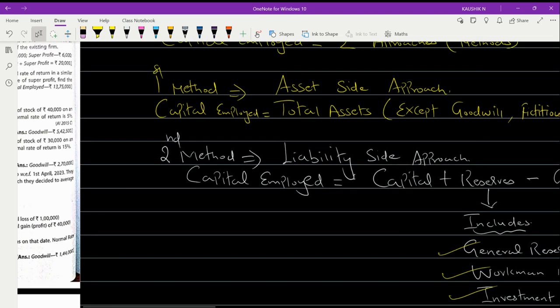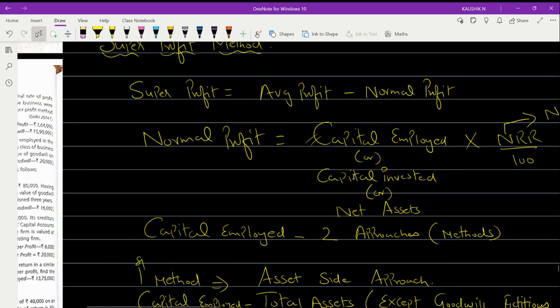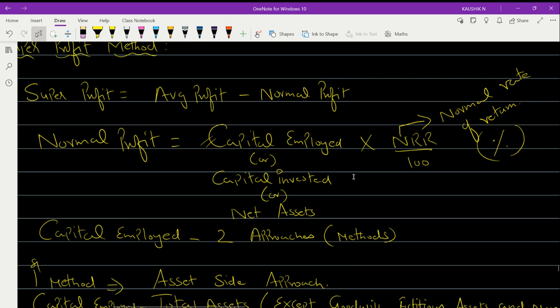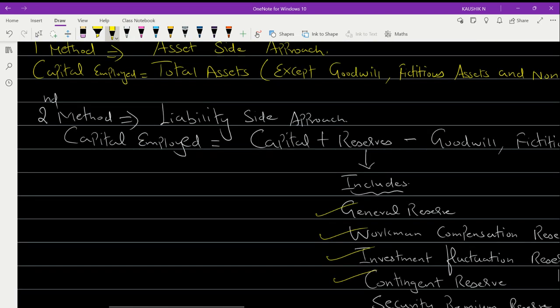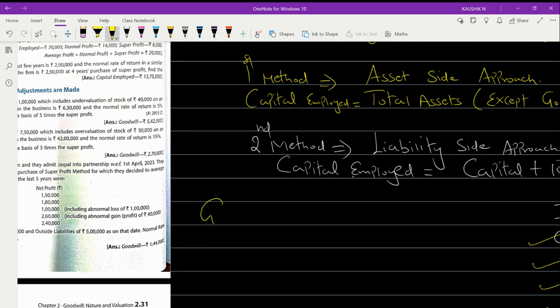No, sir. Okay. Now, using this, you will get the value of capital employed. And once you have capital employed, you will substitute it in this particular formula that will give you normal profit. Once you get your average profit and normal profit, that leads you to goodwill. And then finally, you find the goodwill under the super profit method using this formula.